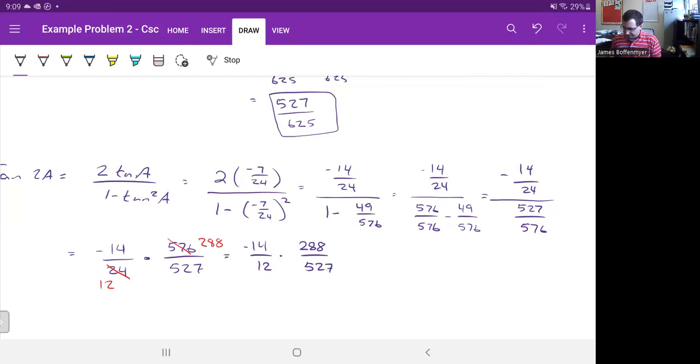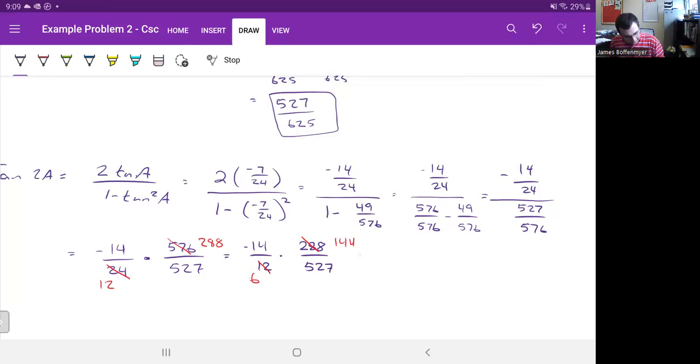Now, 288 and 12 are still even numbers, so we can keep dividing those by 2. That'd be 144 and 6.